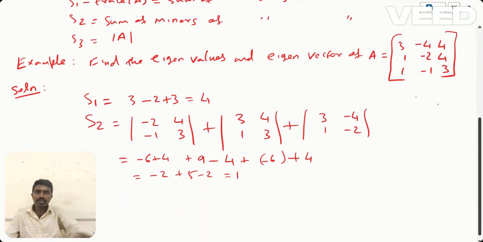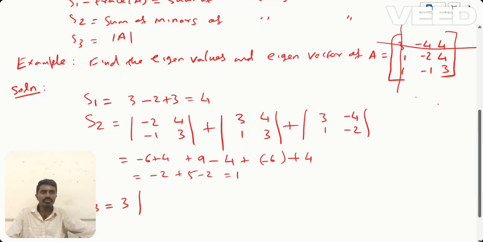Next find the s3 value. So s3 equal to the determinant of A. To find the determinant value you can expand through any row or any column. Now I am expanding with the first row, so that is 3 times the determinant of, remove the corresponding row and column, and then find the remaining determinant: [-2 4; -1 3].